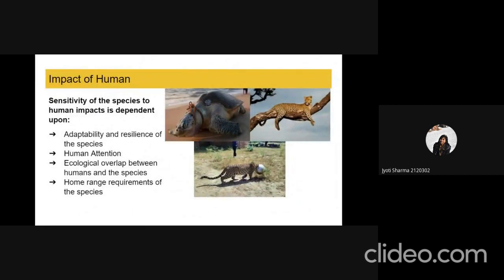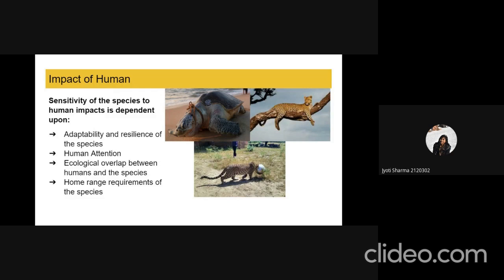Okay, let's talk about the impact that humans can have on our species. Each species has a different effect. If we are constructing industries, then there may be a condition where on one side we have a tiger and on the other side a leopard.